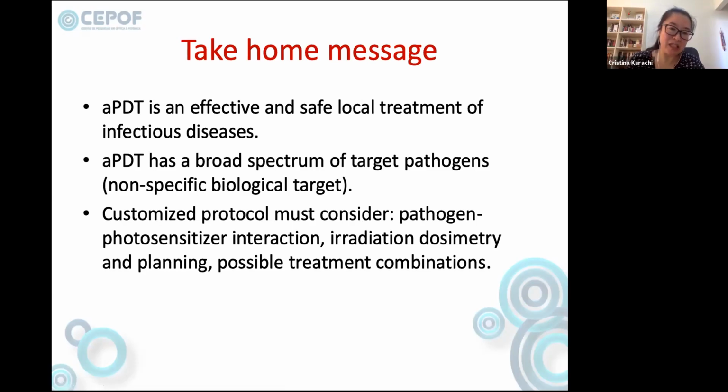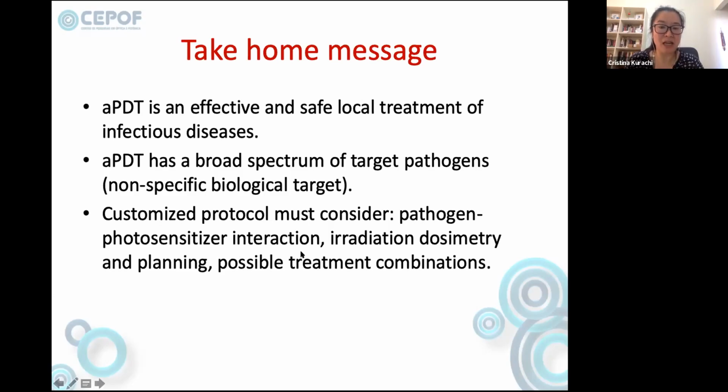In this case, PDT can be used with the same class of photosensitizers that are already available, but taking into account that we have to look for the best one, considering the pathogen and photosensitizer interaction.